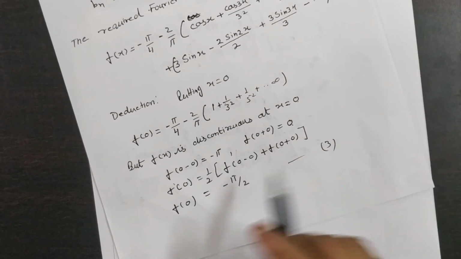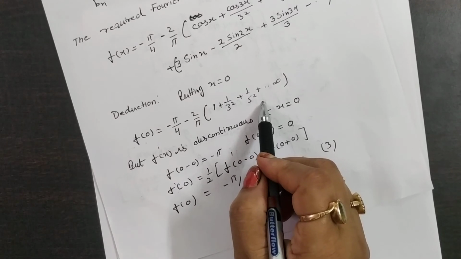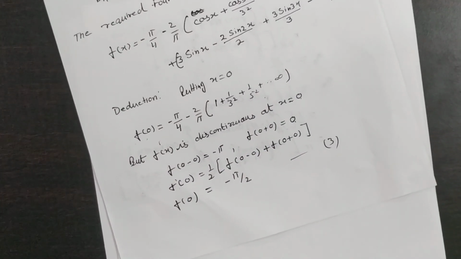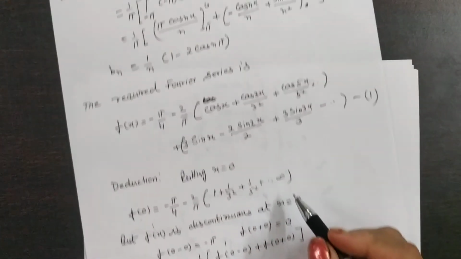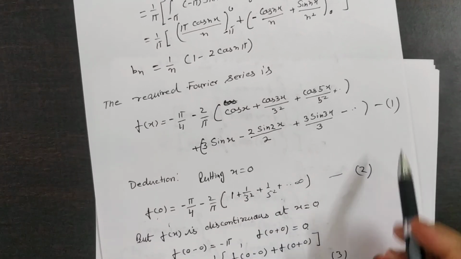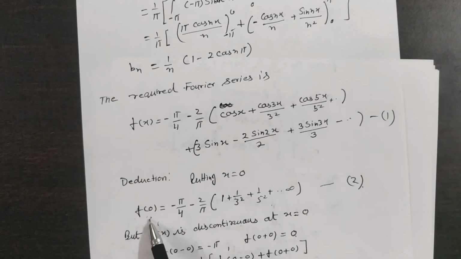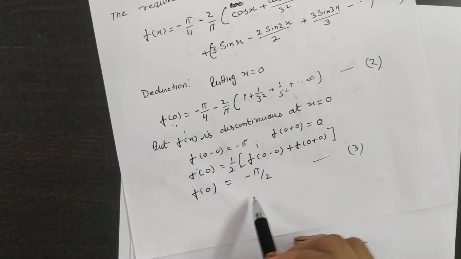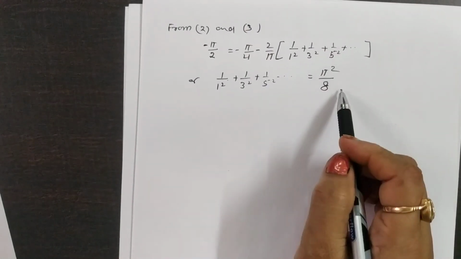This equation is 2 actually. So using equations 2 and 3, with f of 0 here, computing this value, you get the result.